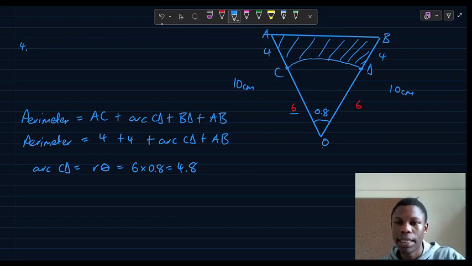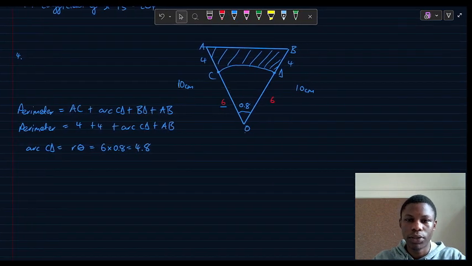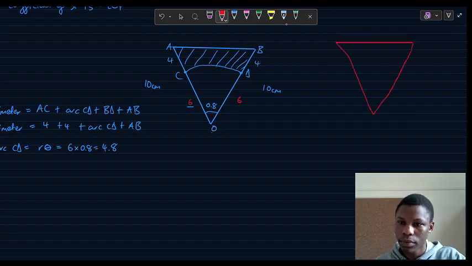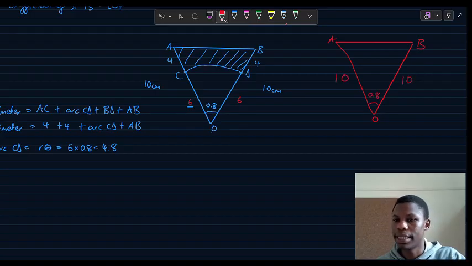And then to get the line AB, there's a few ways you can do it. The first thing that comes to mind is the cosine rule, because you've got the two sides. If I just redraw this triangle on the side, right, we have OAB. We know this angle is 0.8 radians. We know OA is 10 centimeters, OB is 10 centimeters.